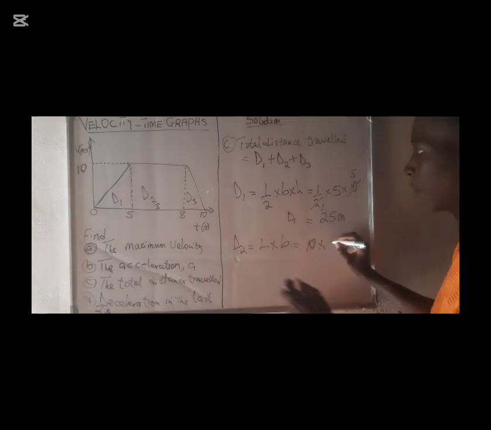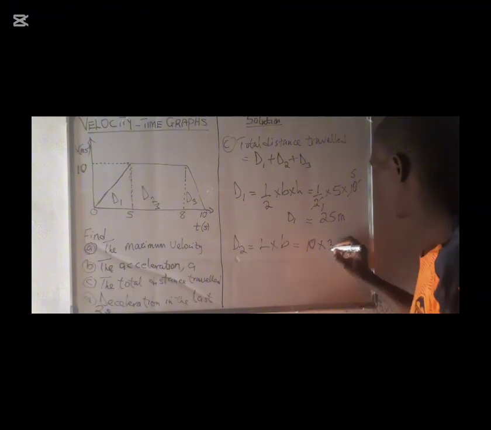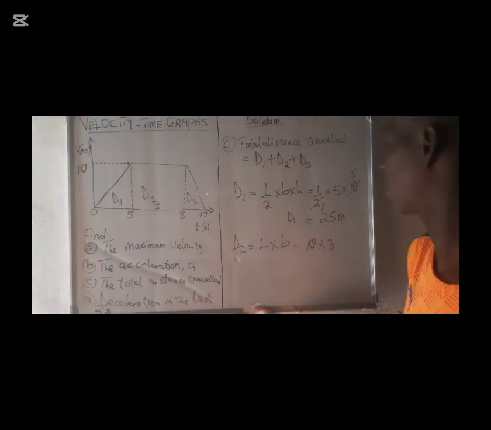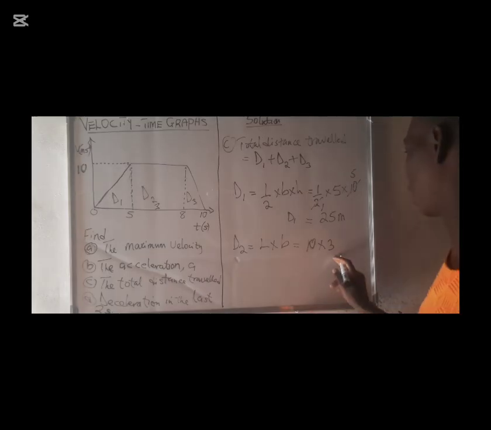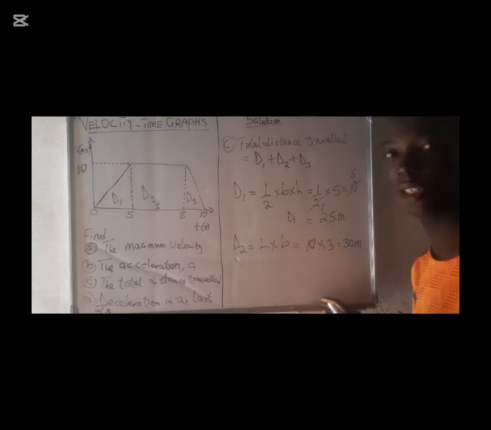Our length is 10, times the breadth, which is 3. So 10 times 3 gives us 30 meters. That is our d2.